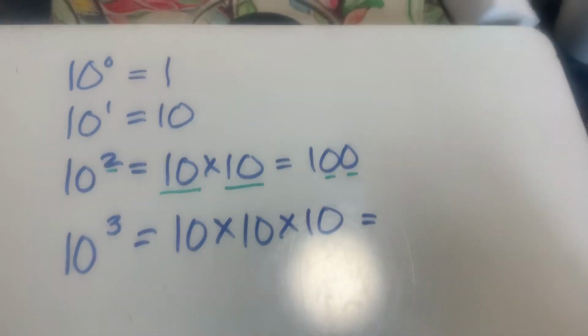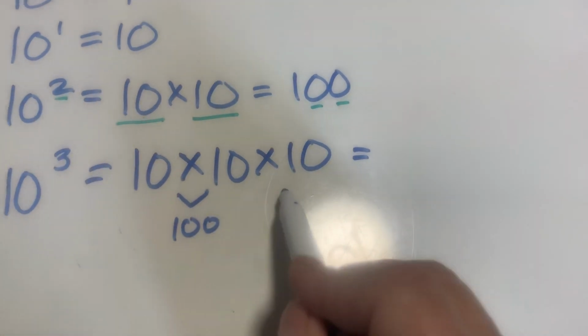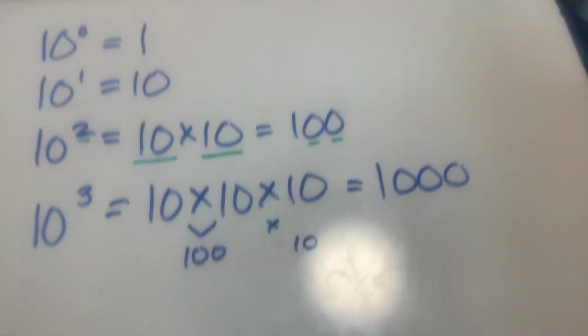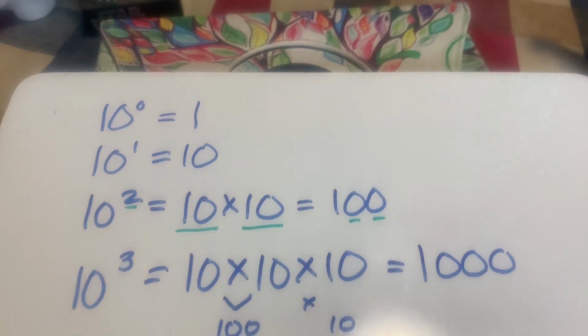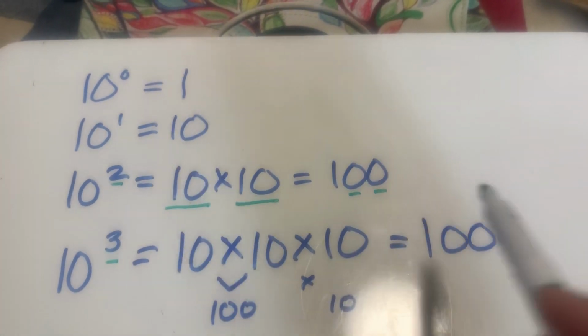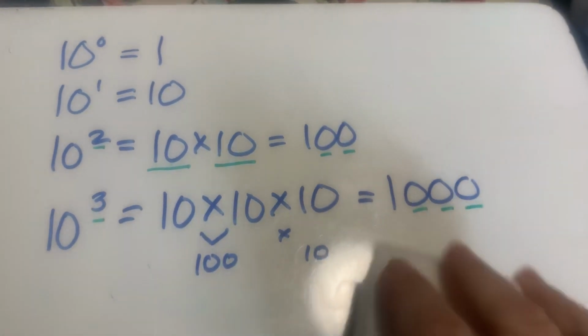And I know that 10 times 10 is 100, and 100 times 10 equals 1,000. And so again, I'm going to think, is there a pattern here? Let's see, the exponent is 3 copies of 10, and then, oh, look at that, 3 zeros in the answer.